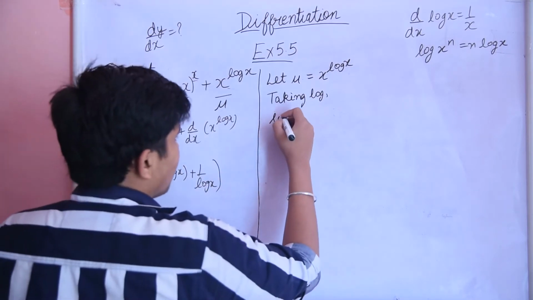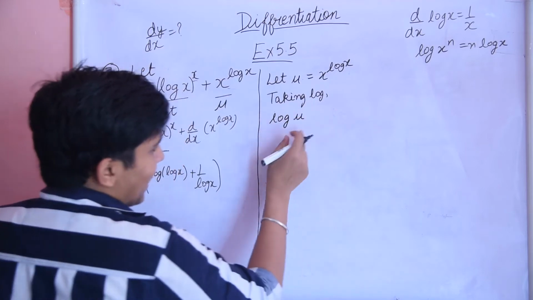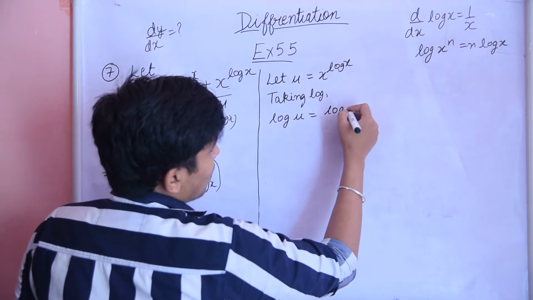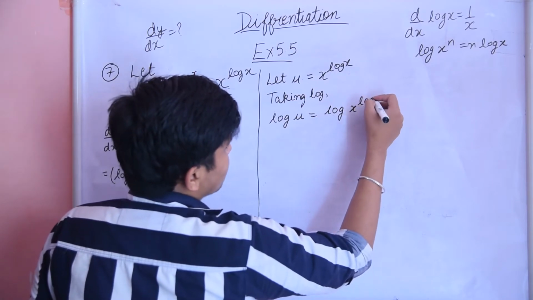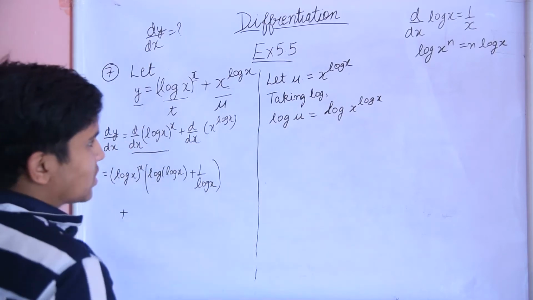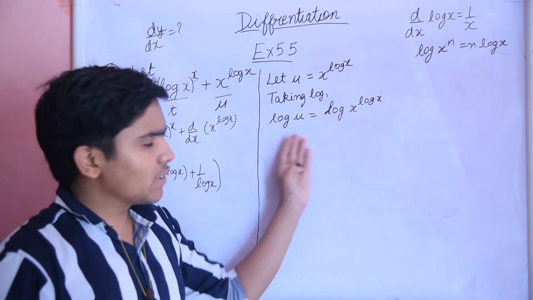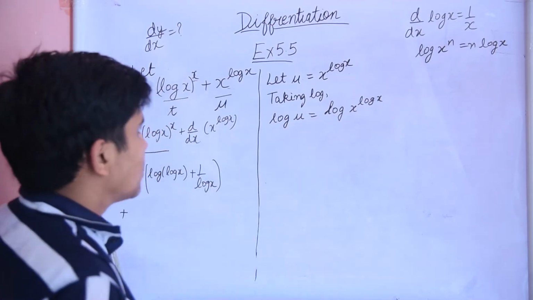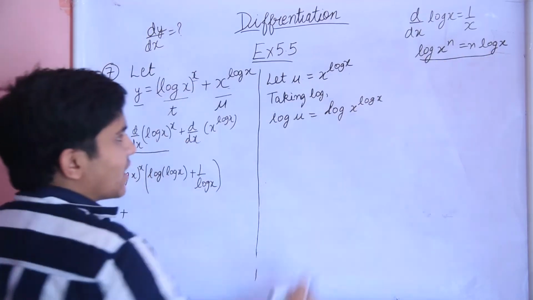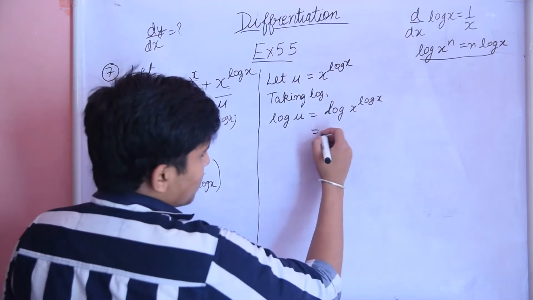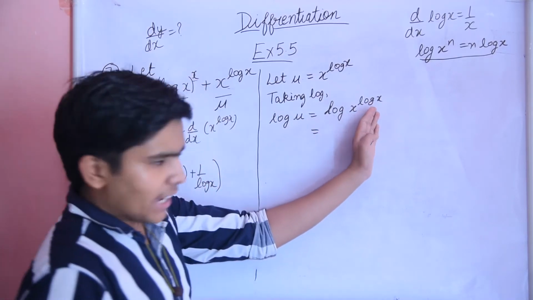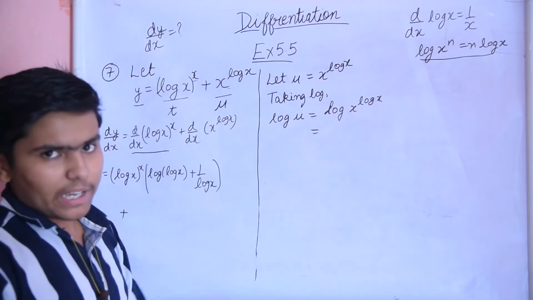So we would have log u on the LHS and log x^(log x) on the RHS. Then by this identity, we would be simplifying log x raised to n, where n is here log x.